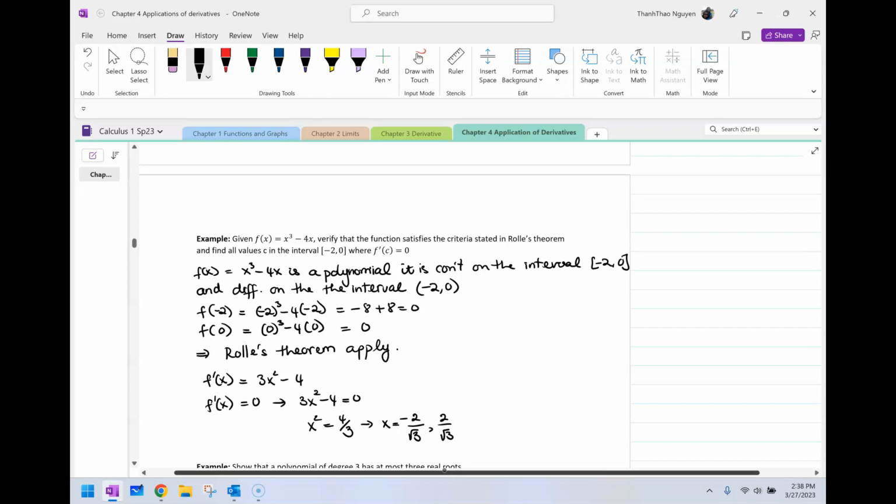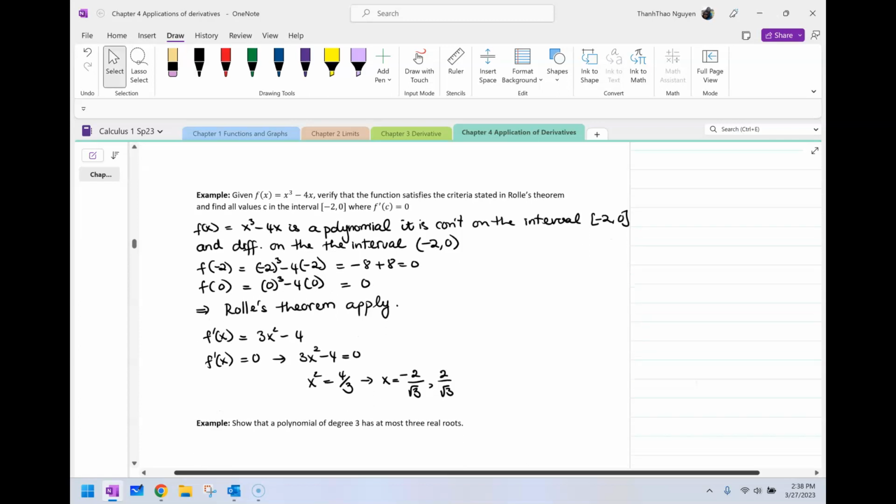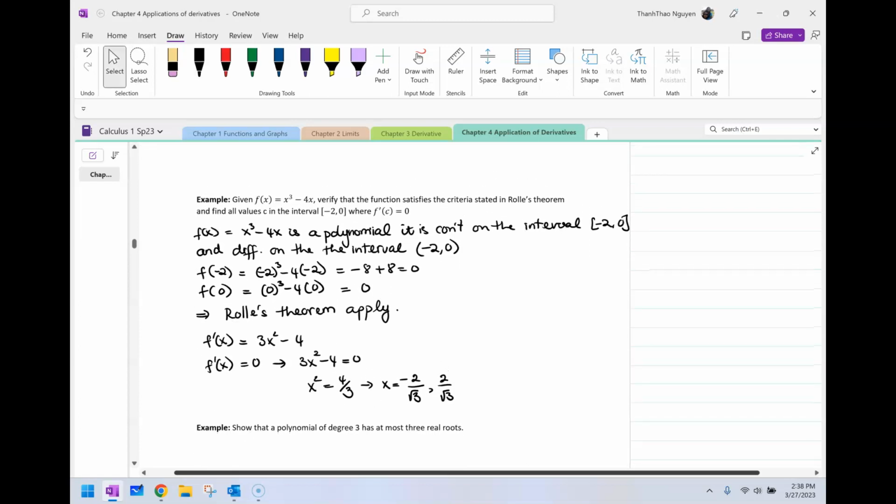So these are the two values that satisfy Rolle's theorem. Remember, when you do this on the test, you have to check that the conditions of Rolle's theorem apply before you solve the problem.